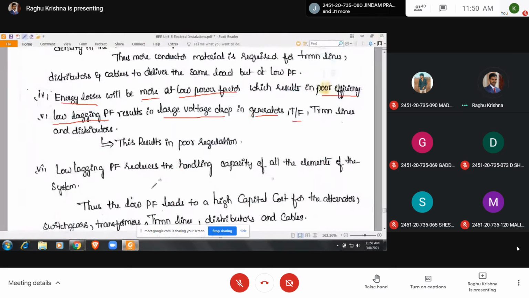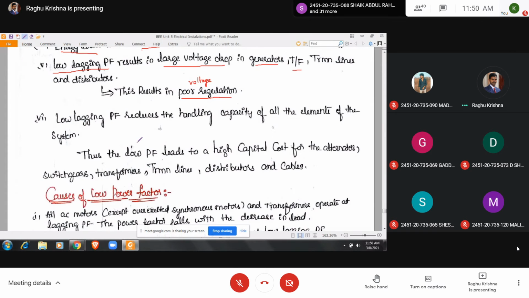As current increases, there will be large voltage drop, not only in generators but also in transformers, transmission lines, and distributors. So this results in poor regulation. Poor regulation means poor voltage regulation.